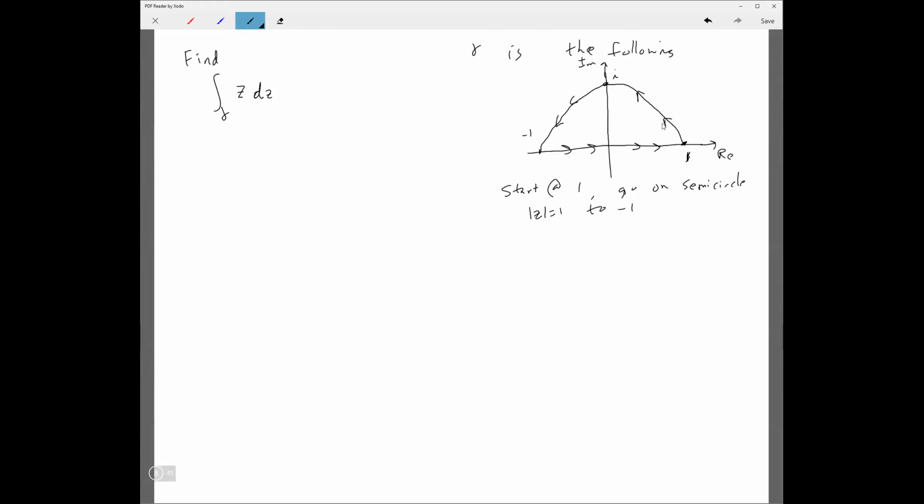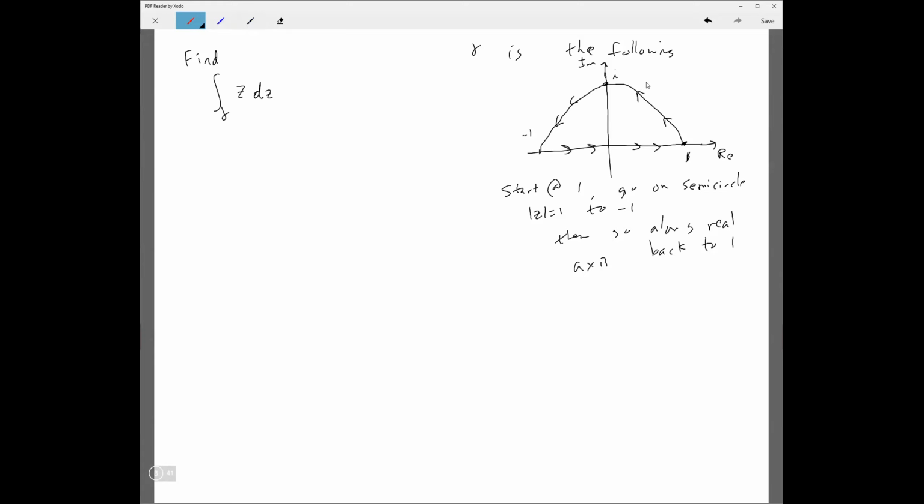To -1 and the positive orientation. Then go along the real axis. Okay, back to 1.